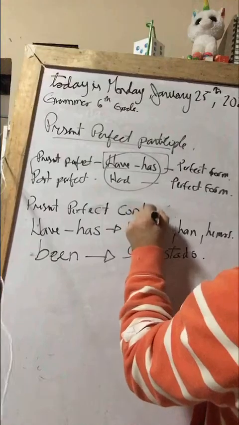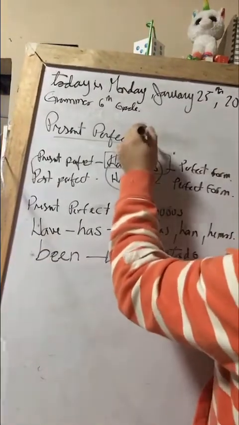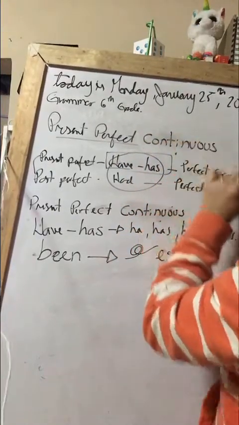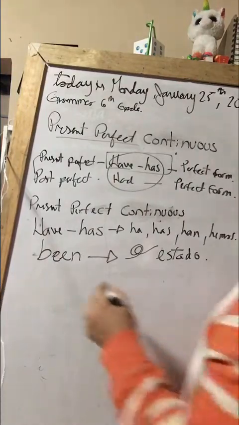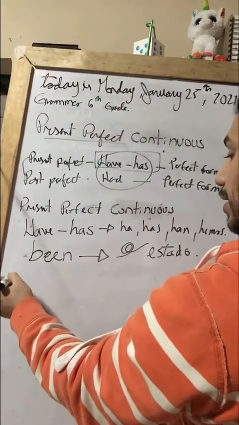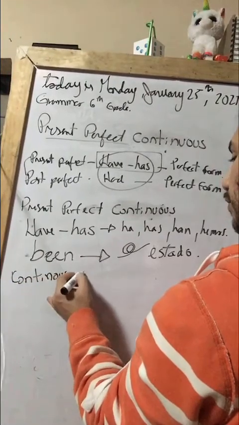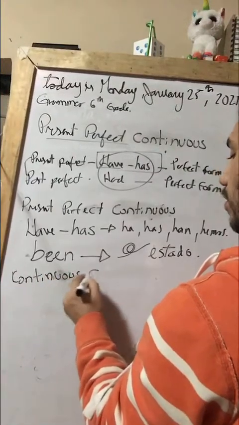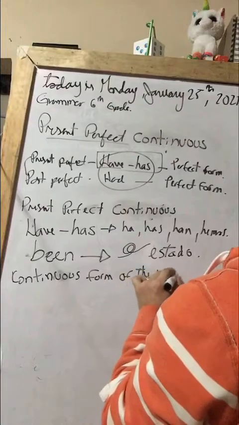And finally, for your present perfect continuous, sorry guys, I'm so distracted lately. I'm sorry guys, can you fix it in your pages too? Please, sorry. And you are going to use the continuous form of the verb.